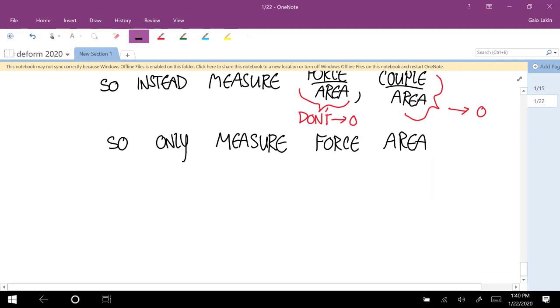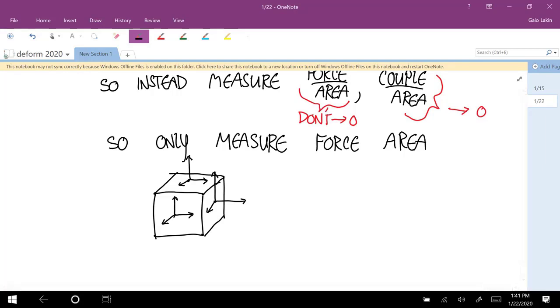Okay, so let's draw this infinitesimal box. And now we have components like this, and this, and then all the faces that are obscured.